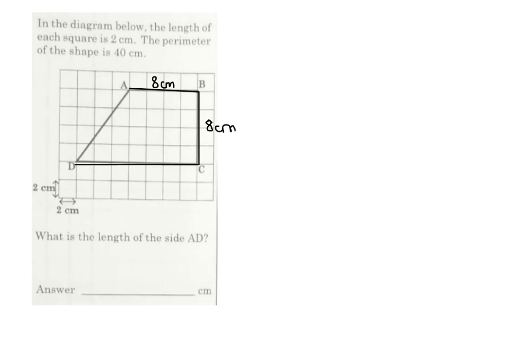Let me see. 1, 2, 3, 4, 5, 6, I guess 7. What's 7 by 2? 14. 14, right? Okay.